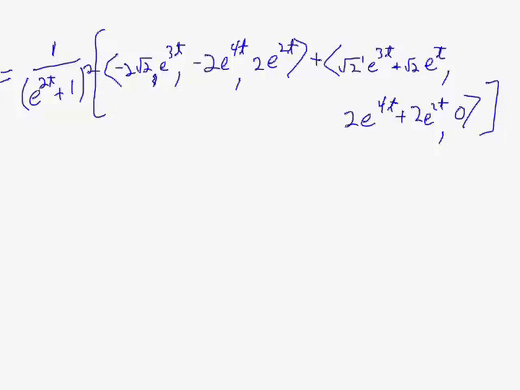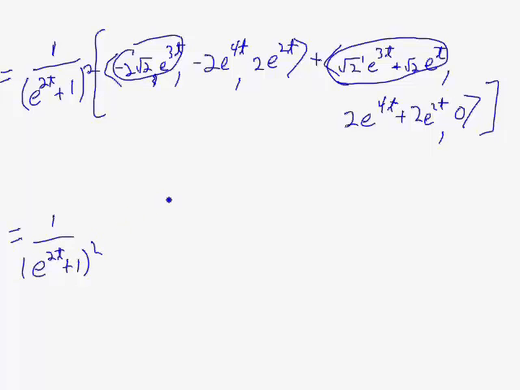Okay, let me make some room. And in the next step, I just want to add these vectors together. So if I take this guy and add it to this guy, I will have negative, well, hold on, let me recopy, e to the 2t plus 1, quantity squared on the outside.